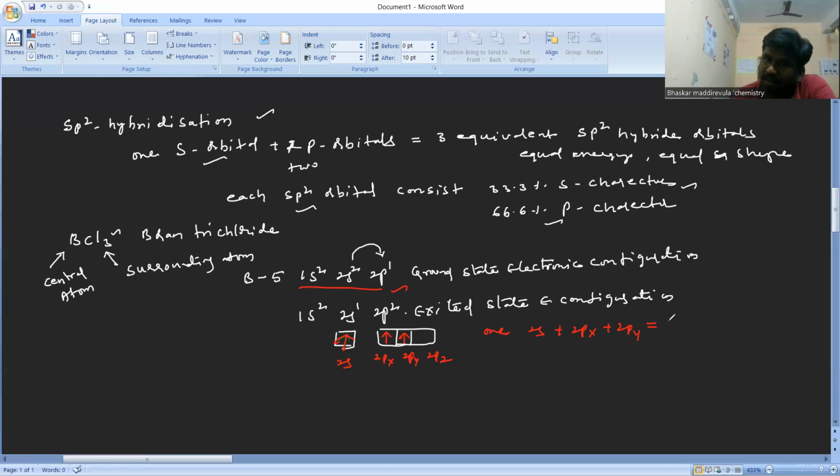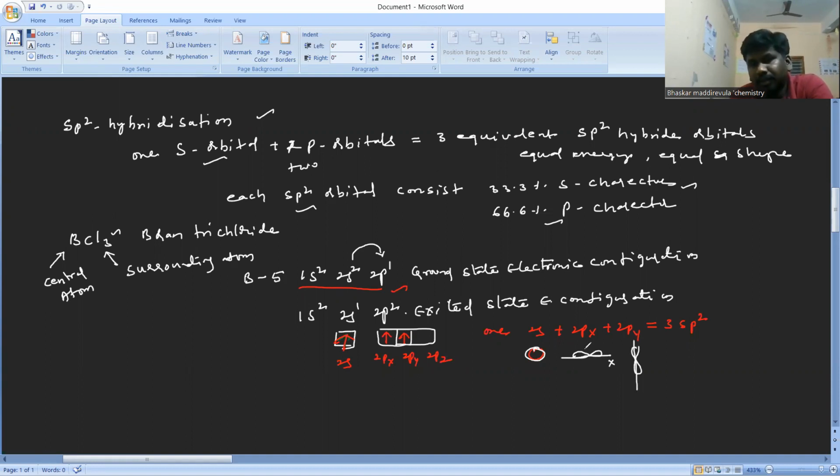By that, we will get three sp2 hybrid orbitals. Already we know the shapes of these orbitals. The s orbital is spherical, the px orbital is dumbbell shaped along the x axis, and the py orbital is also dumbbell shaped along the y axis.